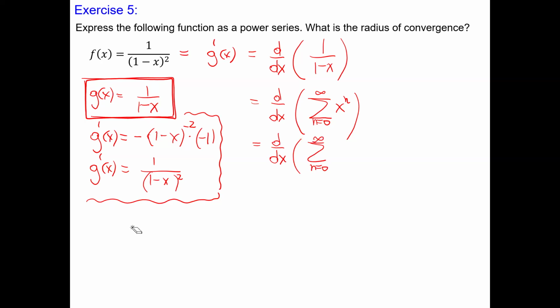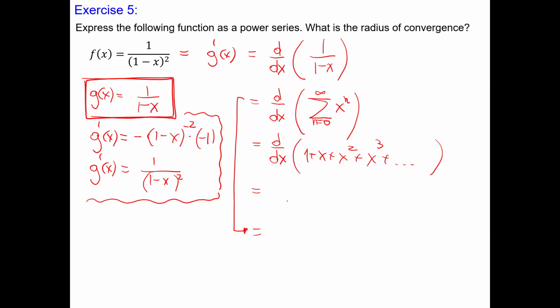Let me expand: x to the power of 0, x to the power of 1, x to the power of 2, x to the power of 3, and so on. And now, taking the derivative, we may use the sigma notation right away because I also want my students to know.